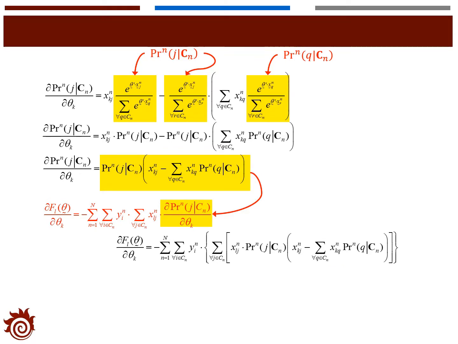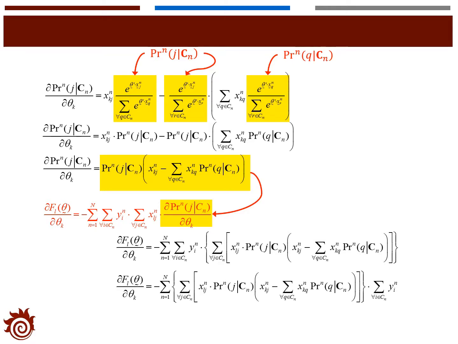Also, you will find that the index i is not related to any index in these summations. So we can take the summation of yin outside. Another thing you should recall is that for the same individual n, the summation of all modes for yi will be 1.